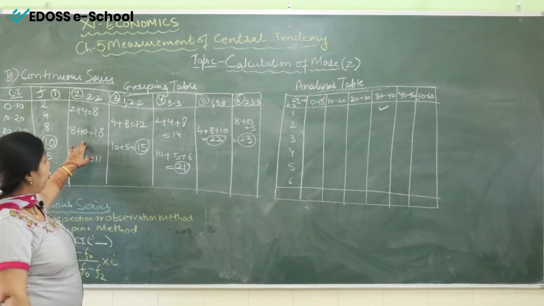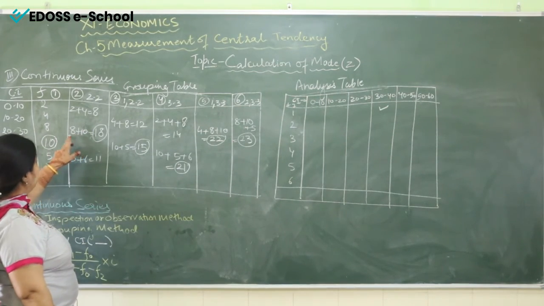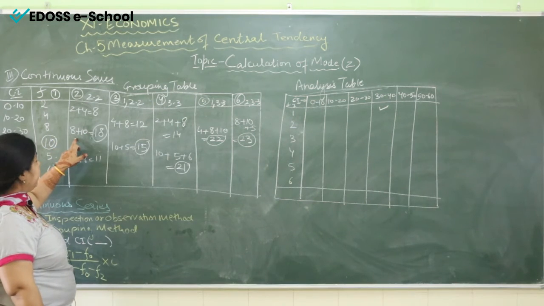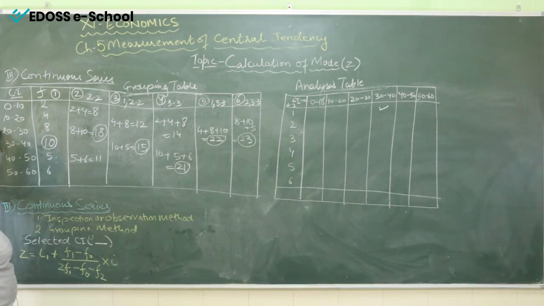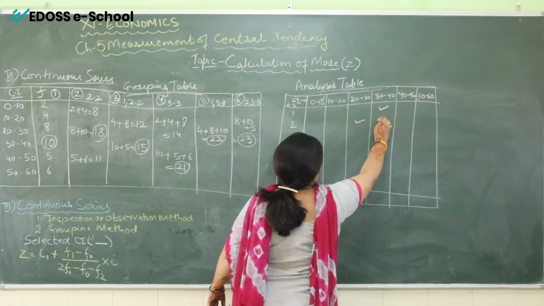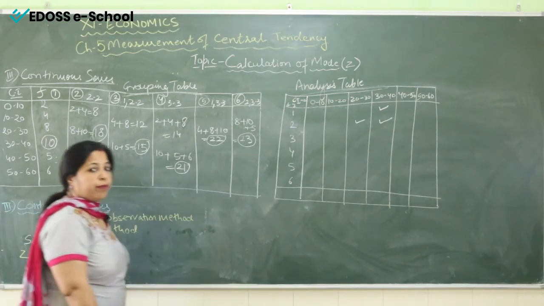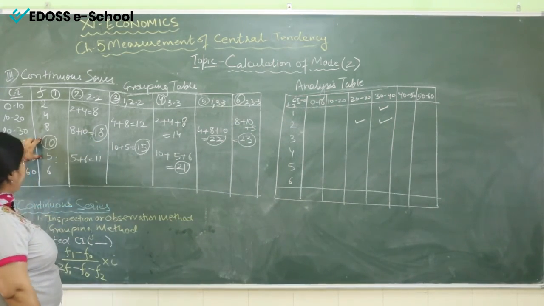Then in the second column we have 18, the highest. किसके सामने है वो, किसका एडिशन है, 10 and 8 का. It is 8 and 10, and it is in front of 20 to 30 and 30 to 40. So second column में 20 to 30, 30 to 40. Then third column 15. It is a total of 10 and 5.